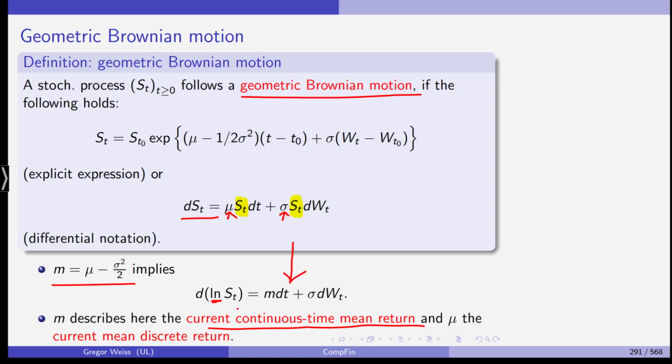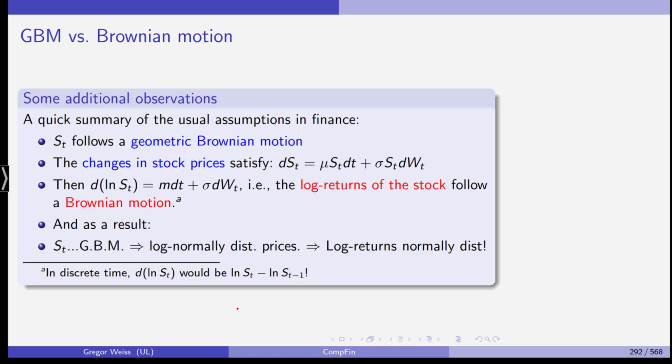So a quick summary. We assume that the stock price follows a geometric Brownian motion. Thus, the changes in the stock prices satisfy dS_t equals mu S_t dt plus sigma S_t dW_t, which means that the log returns follow a Brownian motion.